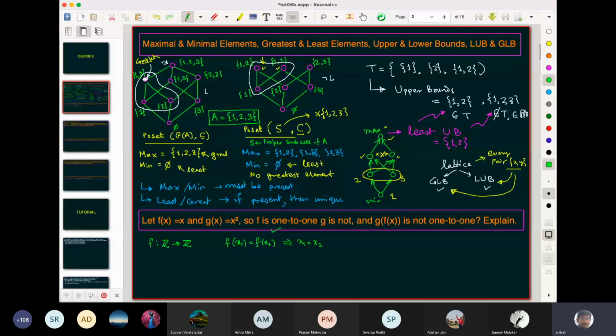So this is 1 to 1. This one is not, because we have seen that +2 and -2 both map to 4. And g∘f is not 1 to 1, because f(x) is x, and when you put g of f(x), you get x squared, which gives rise to the same thing. So it is not 1 to 1.